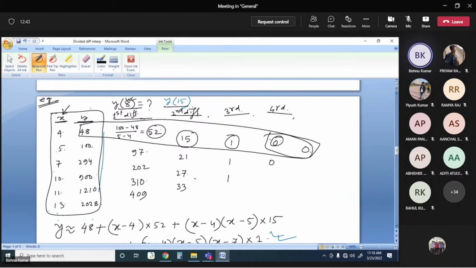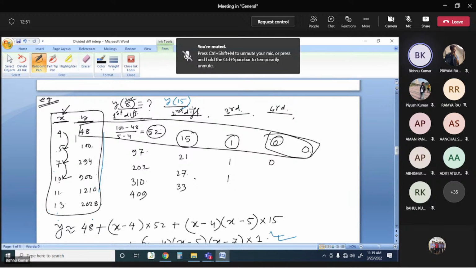So the x values are not equally spaced, and logically we cannot apply Newton forward and backward.